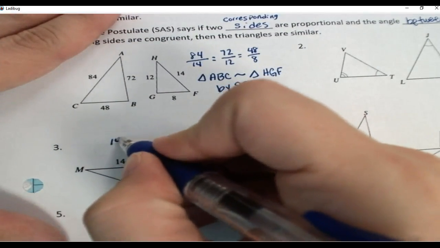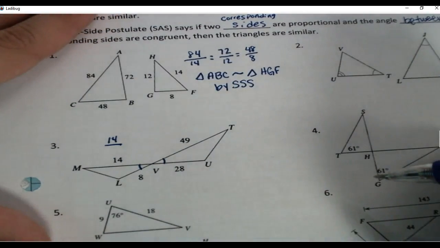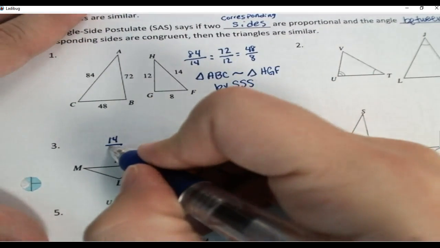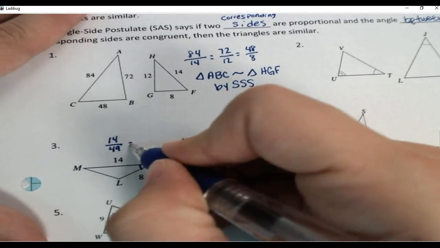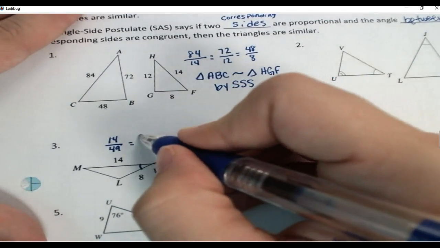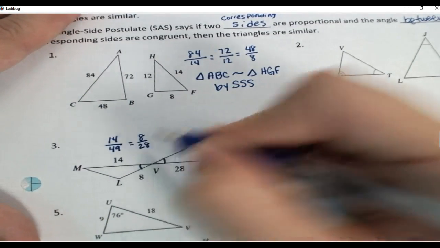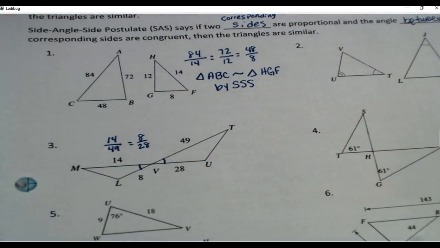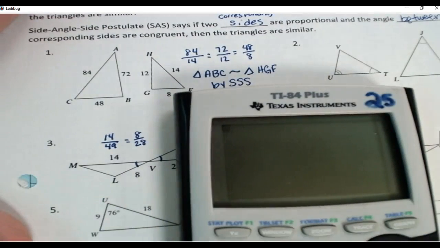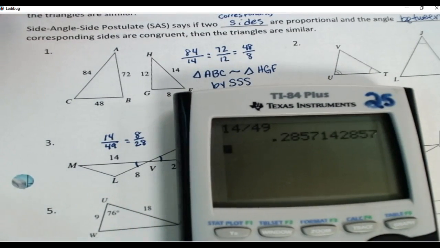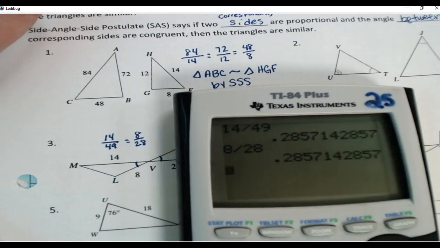So 14 over 49. And we want to know, is that the same as 8 over 28? So 14 over 49 gives us 0.2857, etc. And 8 over 28 gives us that. So are they the same? Yeah.